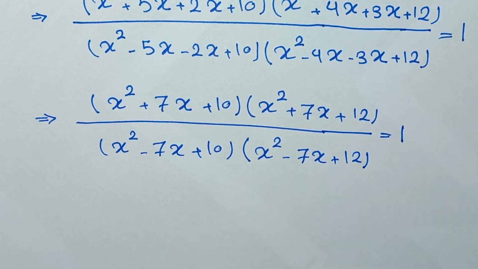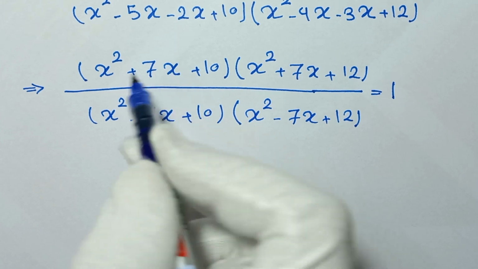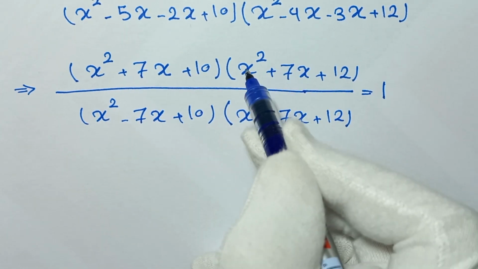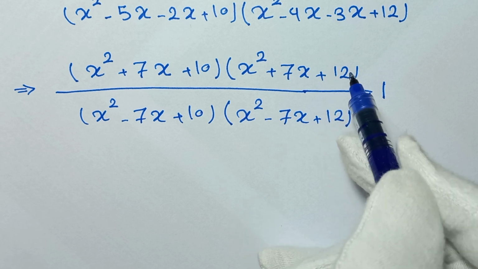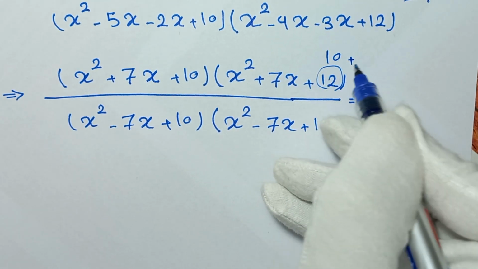If you look at this carefully, x squared plus 7x plus 10, and here we have x squared plus 7x plus 12. We can write 12 as 10 plus 2.